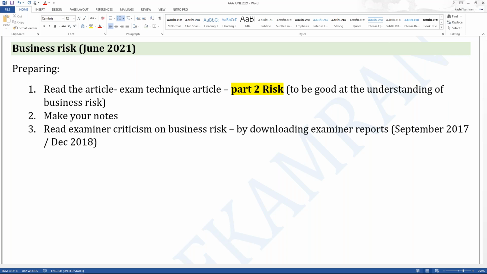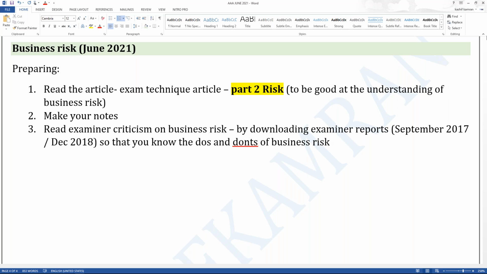I'll be showing you that in my session today. You will read the criticism of the examiner on business risk so that you know the do's and don'ts of business risk before you start attempting a question.